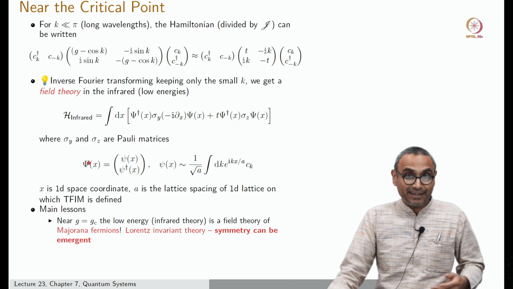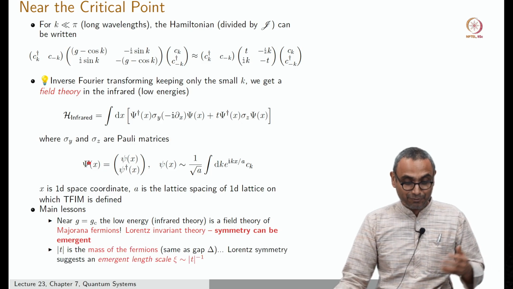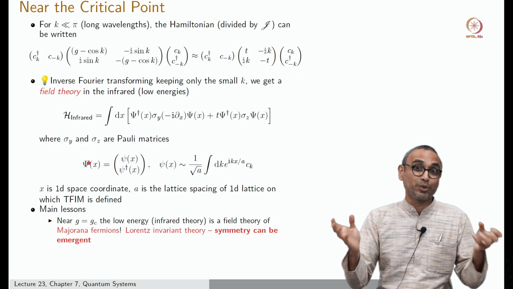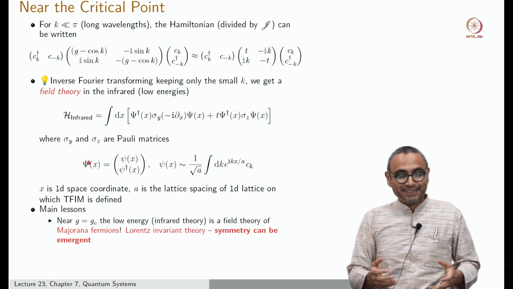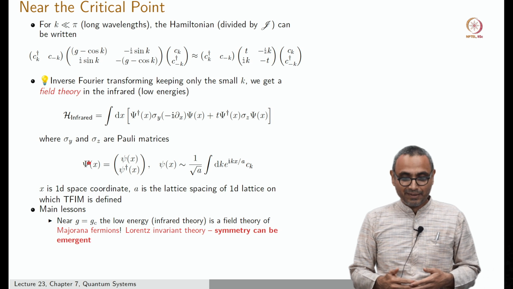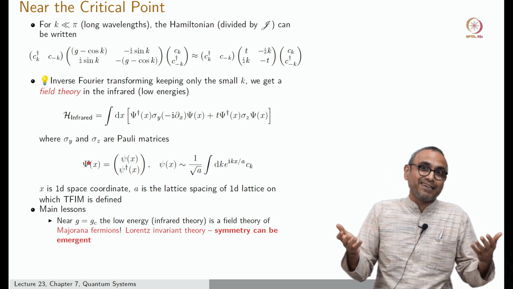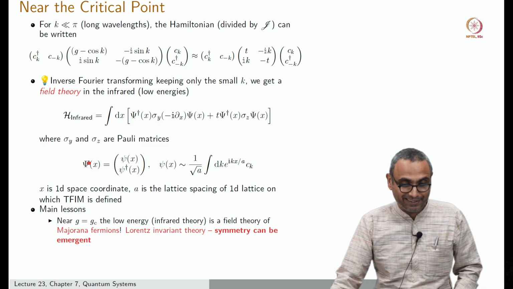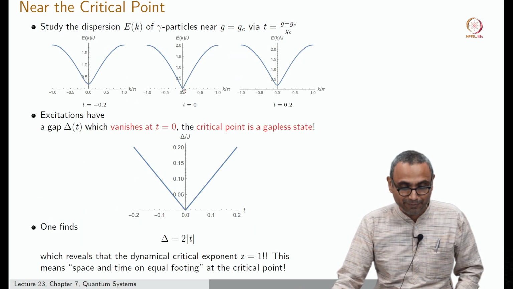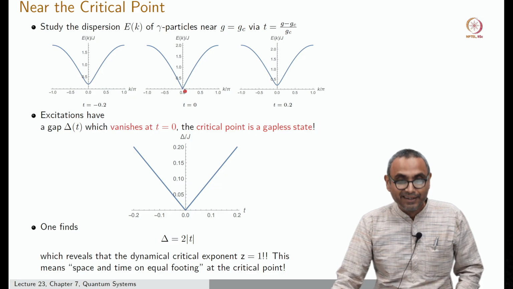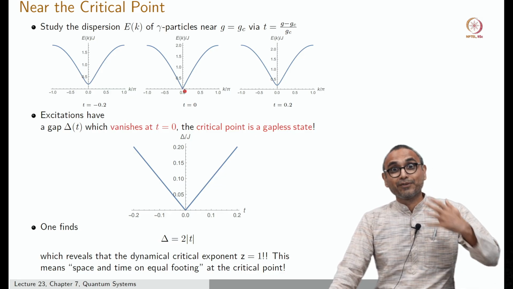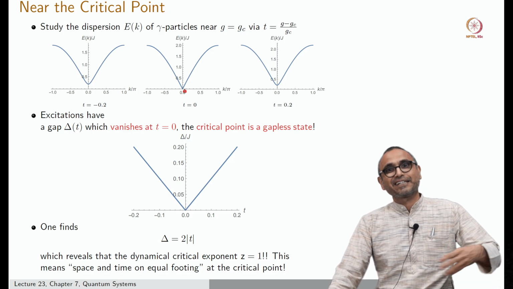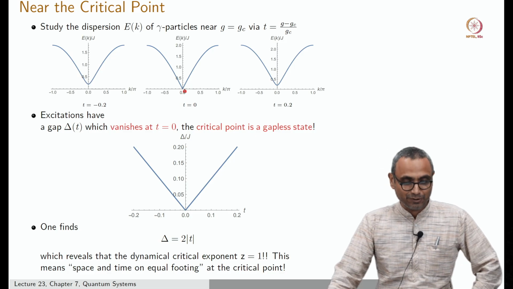Remember our view of the transverse field Ising model as a universe, a toy universe. So if you are a person living in this toy universe, on the scales of your experiment, which is just around this region, you will conclude that the universe that you are living in has Lorentz invariance, and that the symmetries of the world are described by Lorentz transformations and so on.